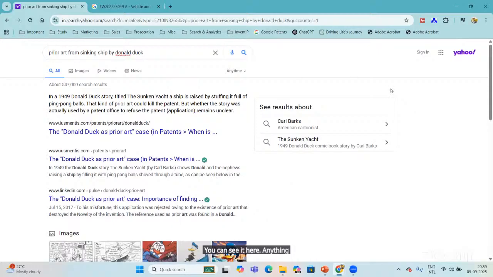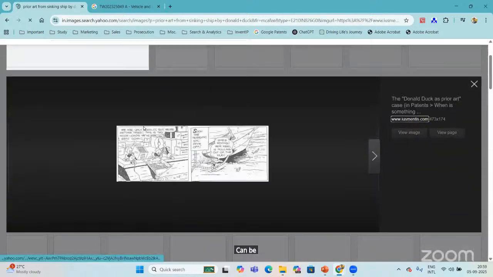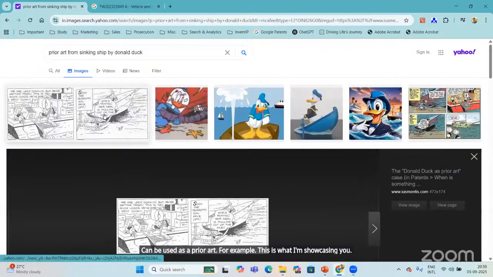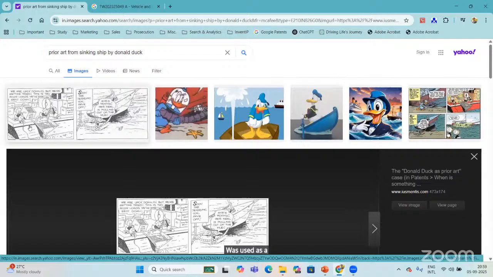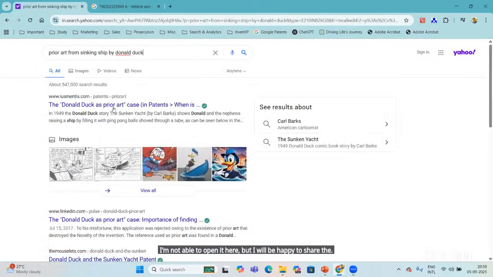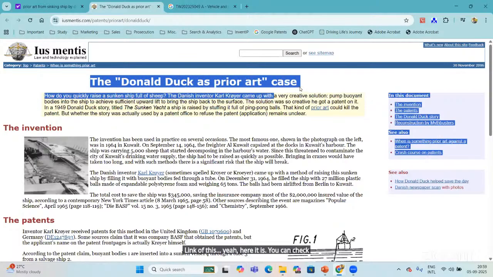Anything that is publicly available, not only patents, can be used as prior art. For example, what I'm showcasing was used as prior art for rejecting one of the patent applications. I'm not able to open it here, but I will be happy to share the link. Yeah, here it is. You can check the Donald Duck prior art case.